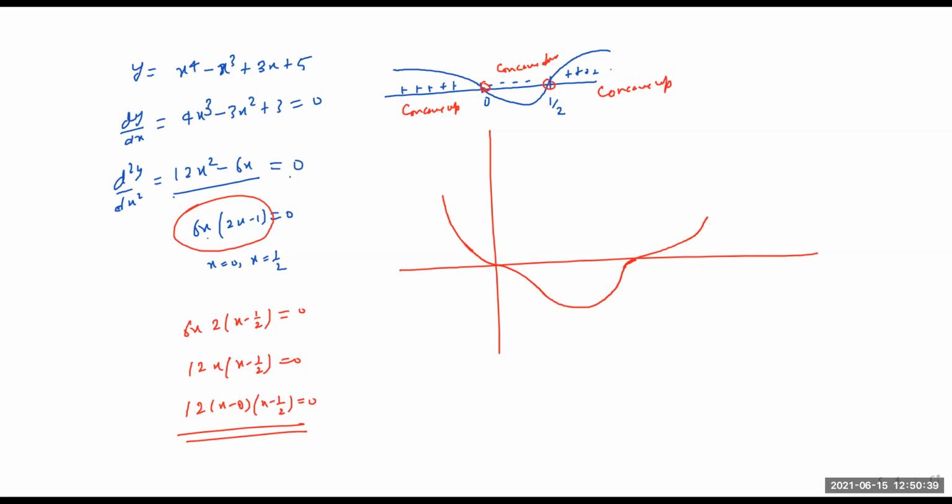For y, minimum is minus 50 and maximum is 50. So maybe 20. That's fine. Yeah, now we are getting something like this.